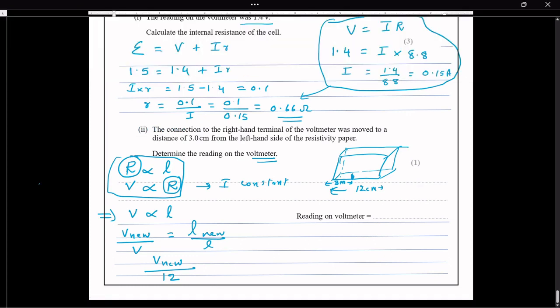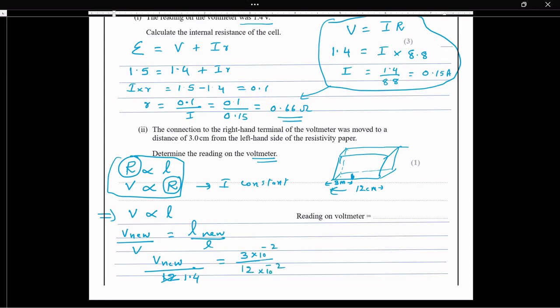Terminal PD was 1.4. So V new over 1.4 equals the new length, 3 into 10 to the power of minus 2, over the original length, 12 into 10 to the power of minus 2.